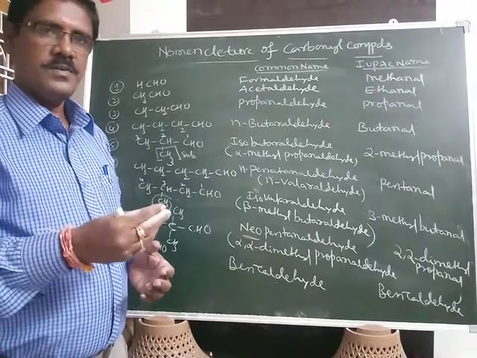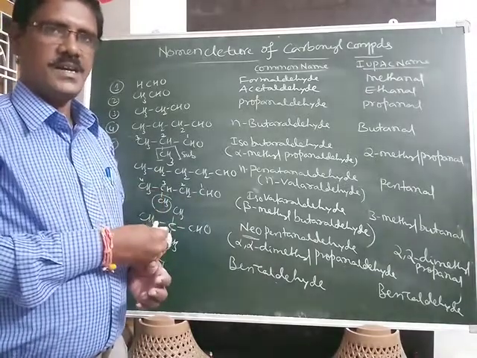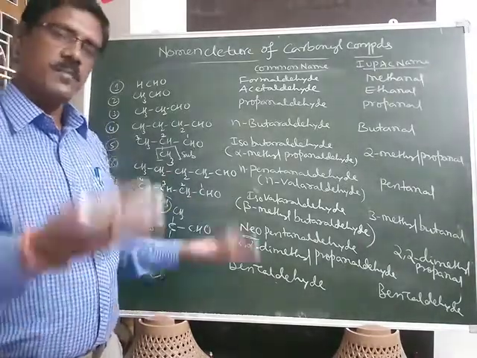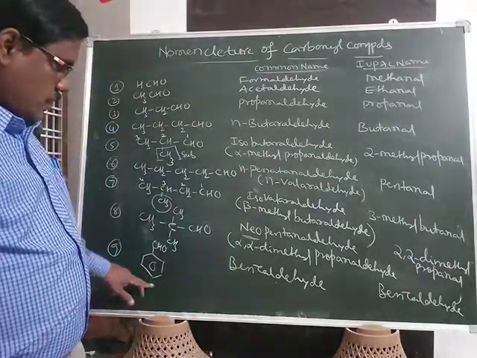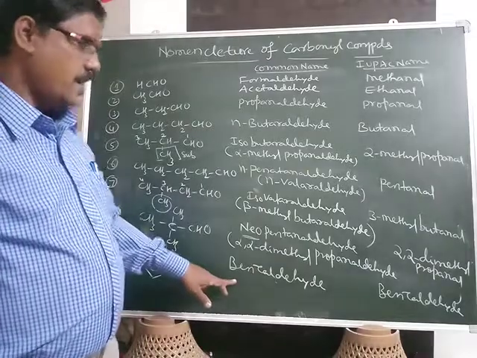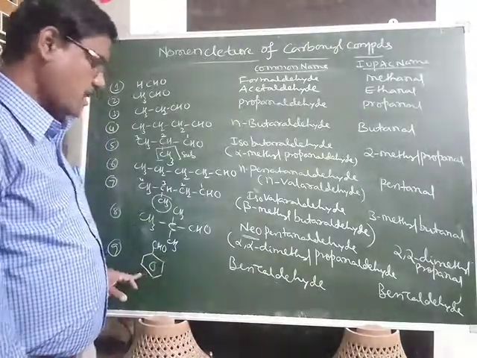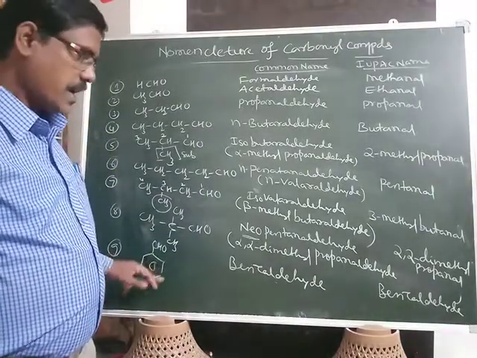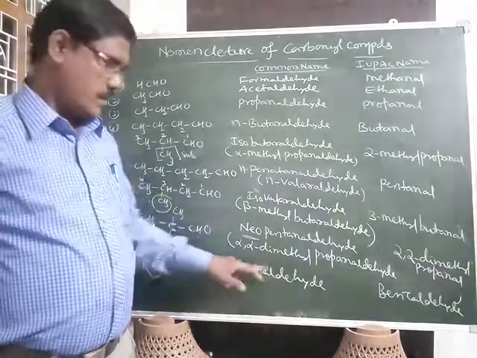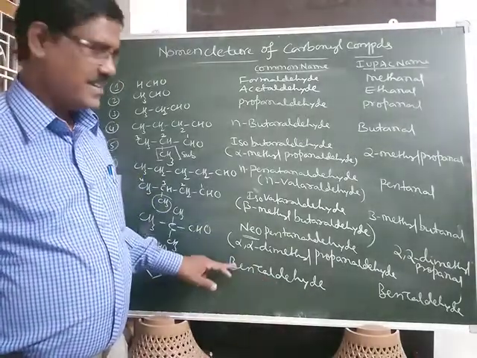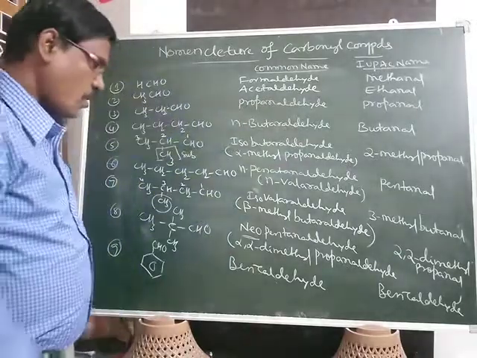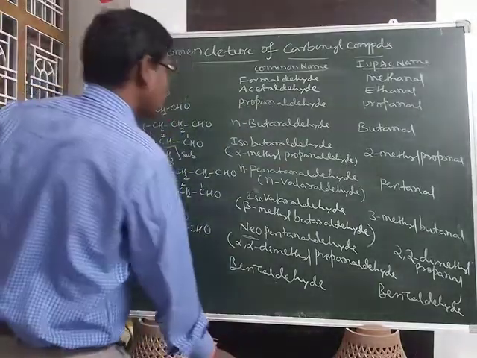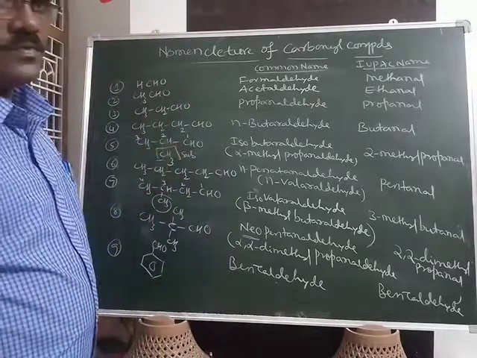The IUPAC name of C6H6 is benzene and its common name is also benzene. Similarly, benzaldehyde is a derivative of benzoic acid. The ic acid is replaced by aldehyde, that's why it's called benzaldehyde. The common name is taken as the IUPAC name. So this is the nomenclature of aldehydes.